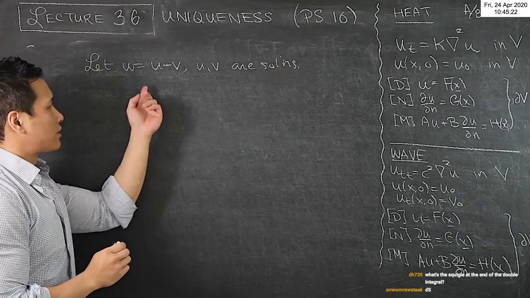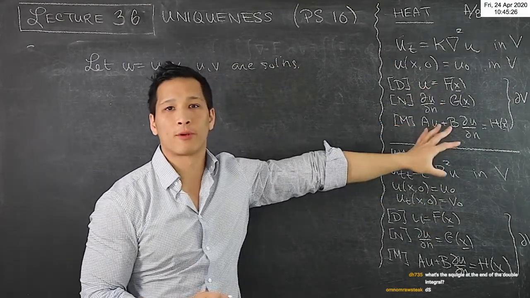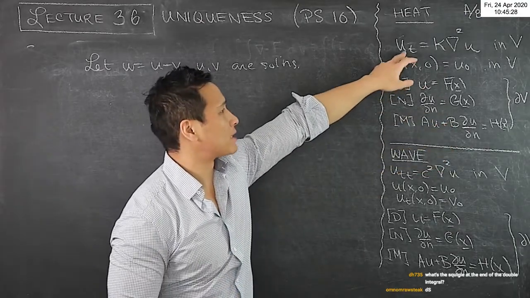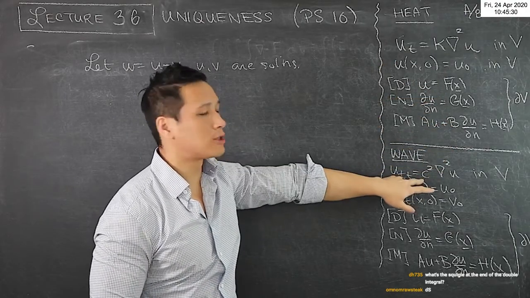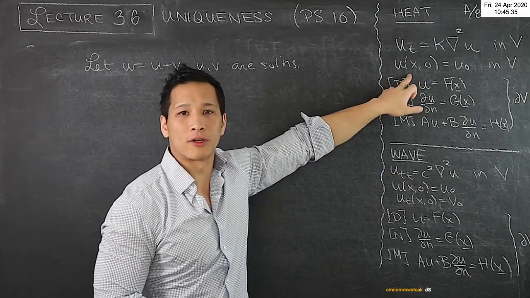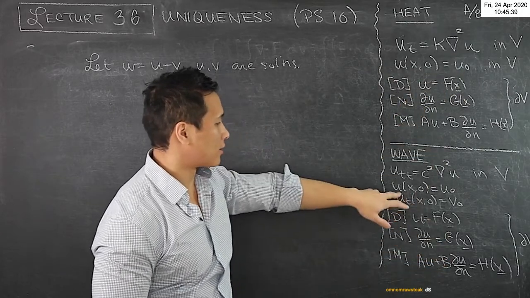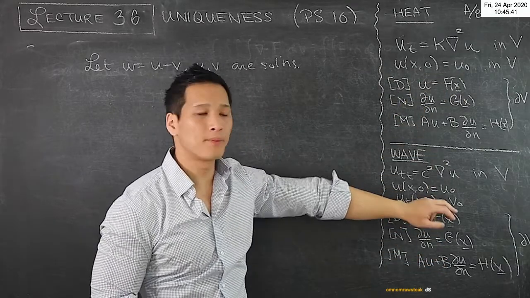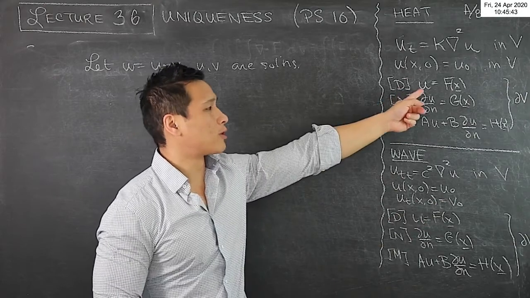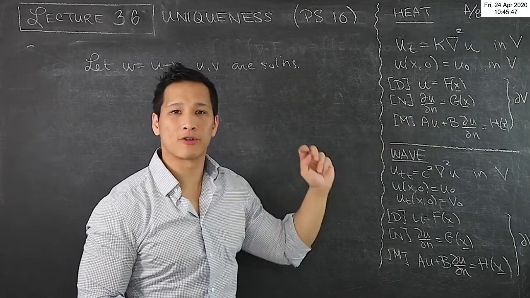When you substitute this definition of W into these formulae, you find that W satisfies the same two equations. W has zero initial conditions, so W of x, 0 is equal to 0, and W_t is equal to 0. And finally, W will have zero boundary conditions for each of these versions of the boundary condition.